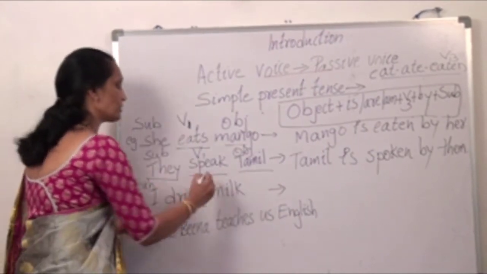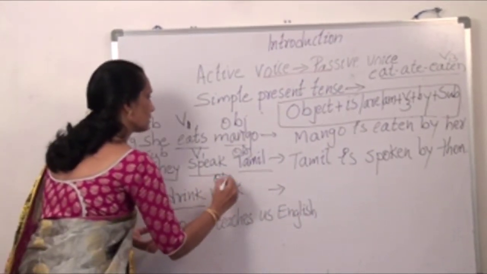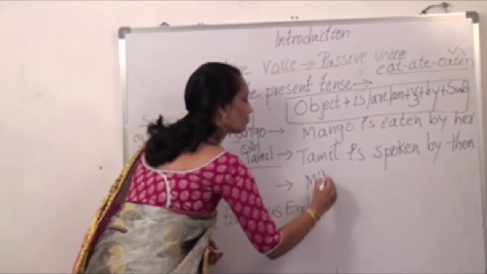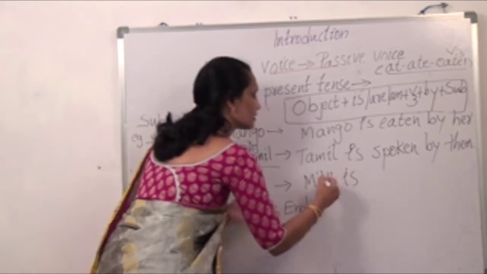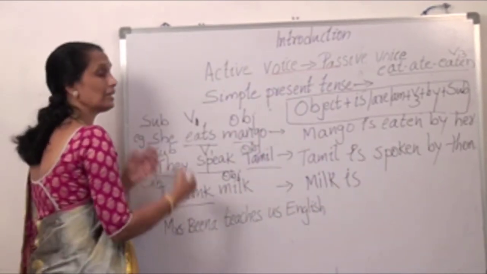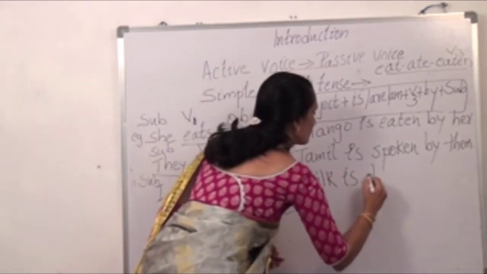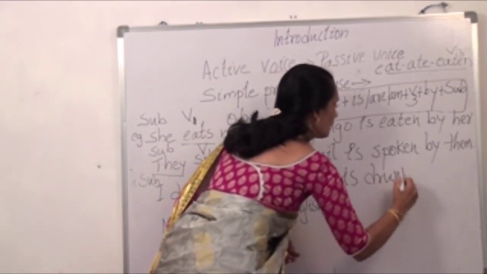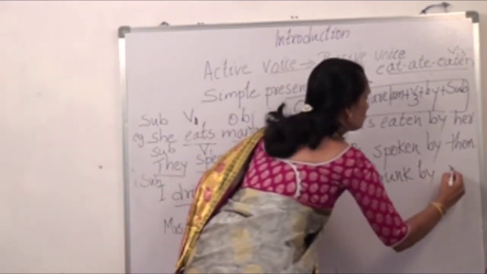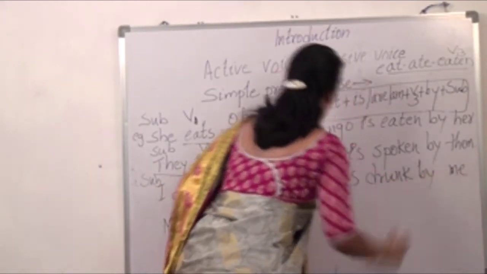And what is the object? Milk is the object. Milk is singular, so milk is; drink, drank, drunk. Milk is drunk by, I should be changed to me, by me.